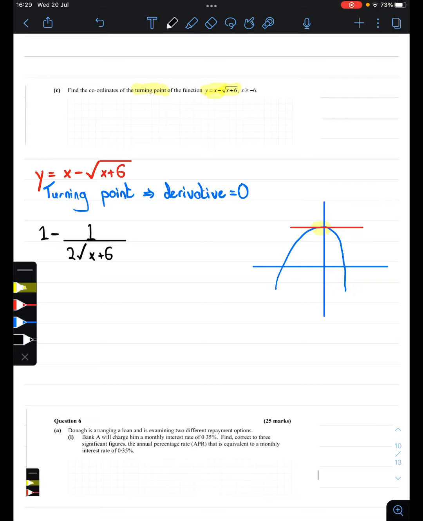So we need to let this equal 0 and solve for x.